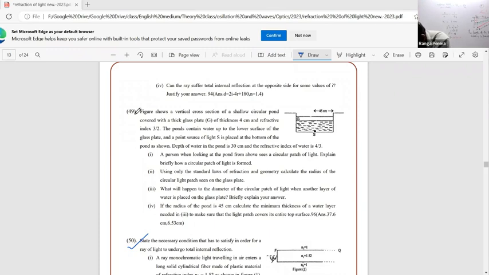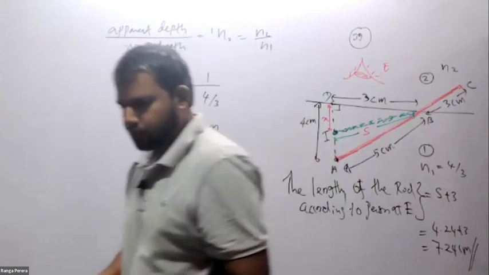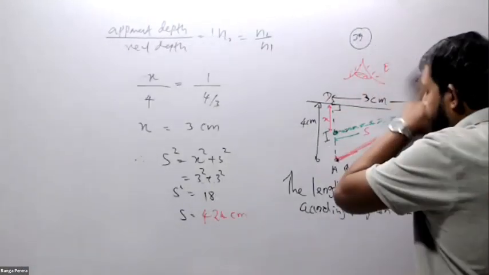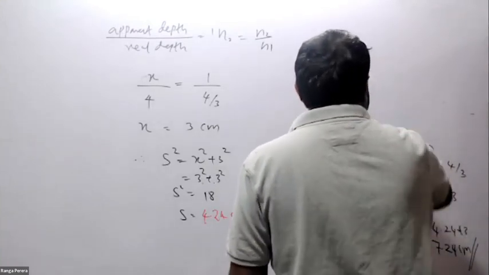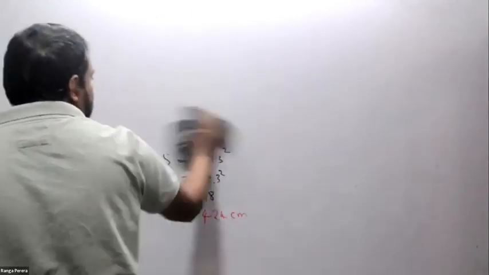Question number 49. We are trying to do question number 49 now. Figure shows a vertical cross-section of a shallow circular pond covered with a thick glass plate of thickness 4 centimeter and refractive index 3/2.